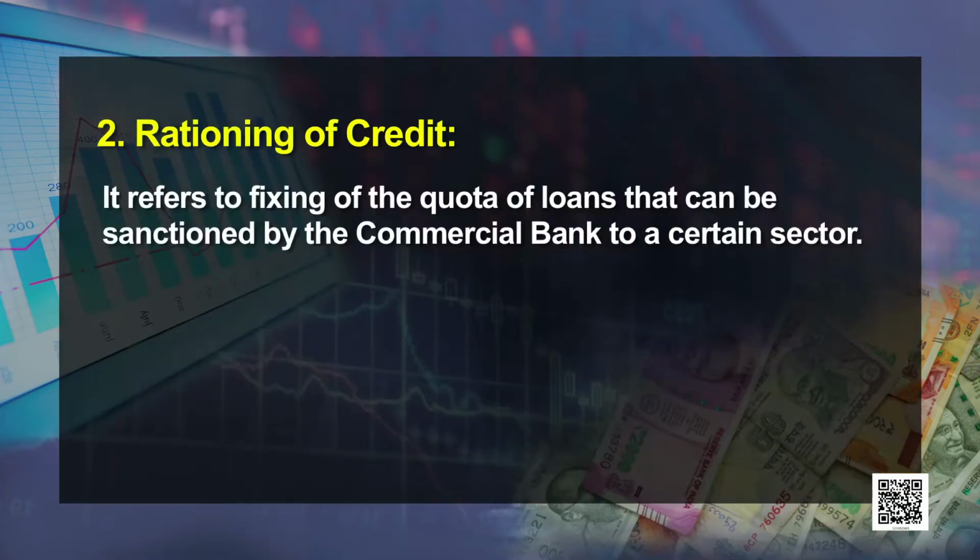Moving on to our next qualitative tool, rationing of credit. Rationing of credit refers to fixing a quota of credit or quota of loans that can be sanctioned by the commercial bank to a certain sector. Let's suppose RBI is suspicious of some activities in the real estate sector.